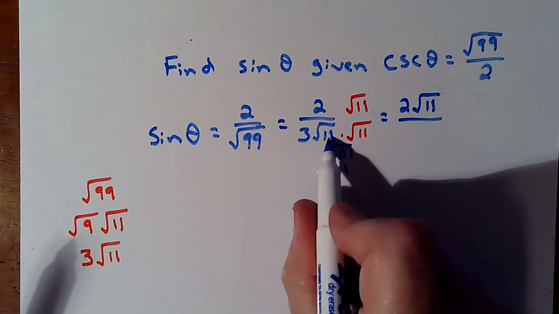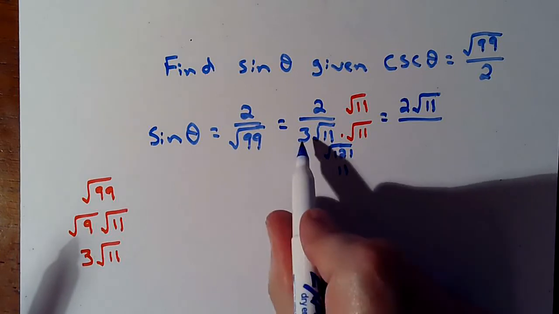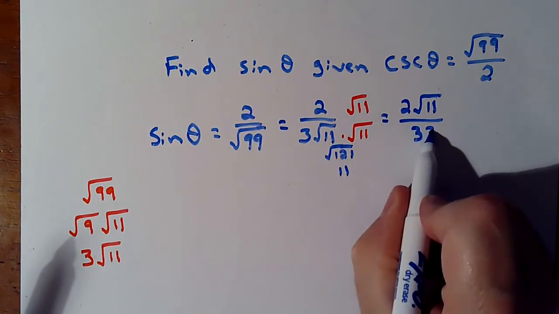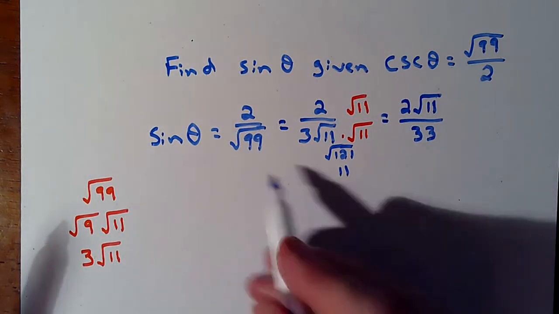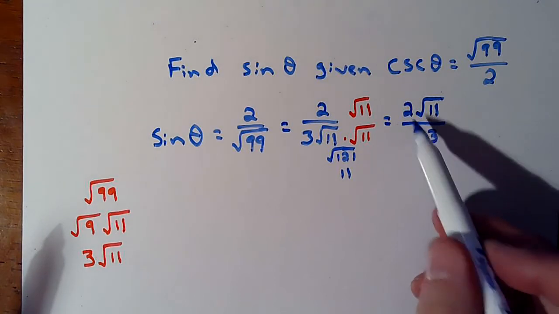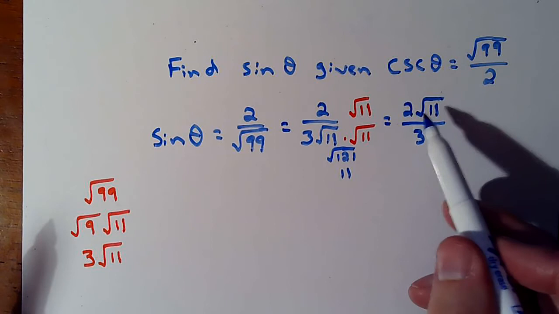We chose 11 because it guaranteed us a perfect square, so we can actually square root it. Then I can put the 3 and the 11 together by multiplying, and we get 33. Because I simplified it first, the only thing left that I potentially would simplify would be the 2 and the 33, but there's nothing that goes into both, so then I would be done.